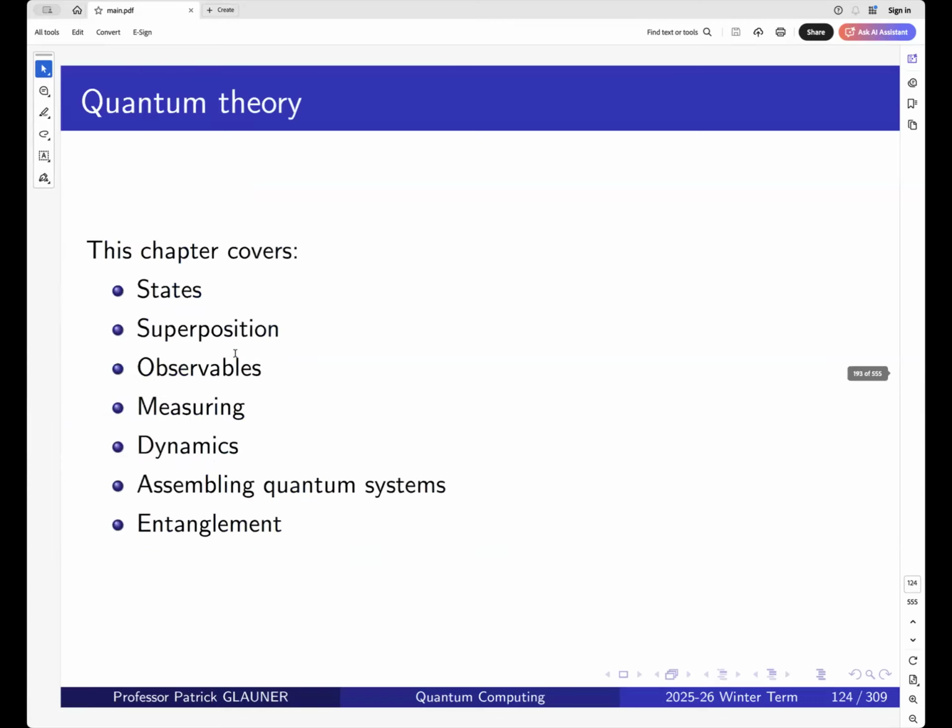I know today was not easy. Today was quite tough. As of next week, we just go back to 2 dimensions, 0 and 1 in a qubit, but then we will assemble a lot of qubits into more complex circuits. Are there any questions currently? If you're okay, maybe thumbs up.